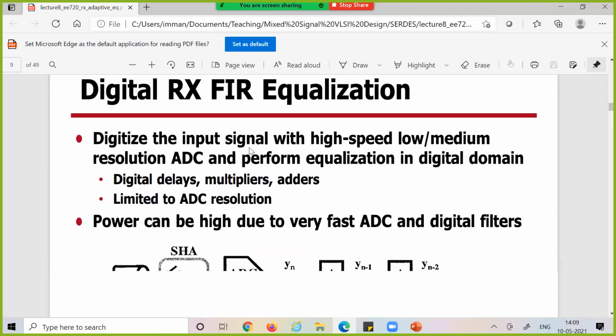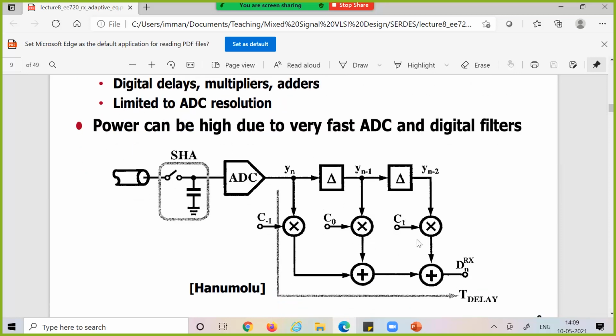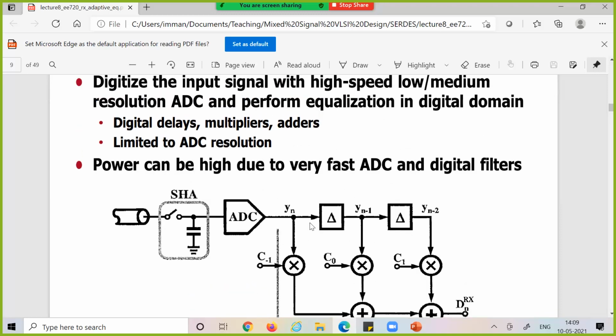So digital FIR is also possible, where you basically go and directly sample it. Okay. So at the input of the receiver, what you do is you put a sample and hold, you put an ADC, and then after you do the ADC, in the digital domain, basically once you take it to the digital domain, you can do whatever you want. Okay. But the problem here, as you can expect, is that you need an extremely high bandwidth sample and hold and high bandwidth ADC, which is almost impossible, right?